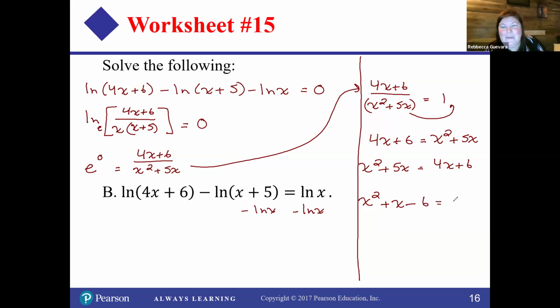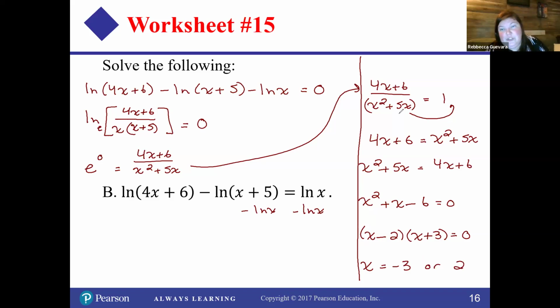If I factor this, I'm going to get x minus 2 times x plus 3 equals 0. Meaning my two possible solutions are x is going to be equal to negative 3, or x is going to be equal to positive 2.